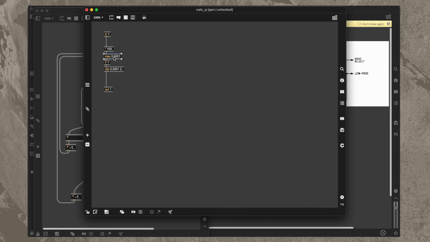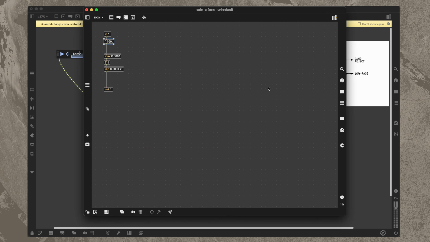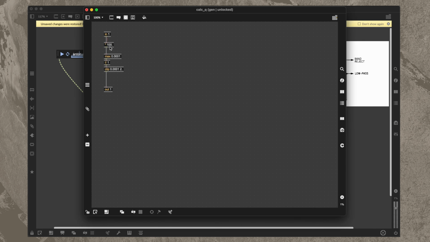first I discovered that while I wanted to have Q on the range of 0 to 1 in the patch for control purposes, this value, because we can go to infinite Q, right, should go from 0 to like some bigger number. And I just played around, and 100 sounds reasonable, 50 might even be better.